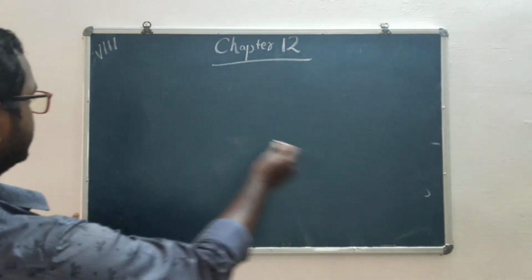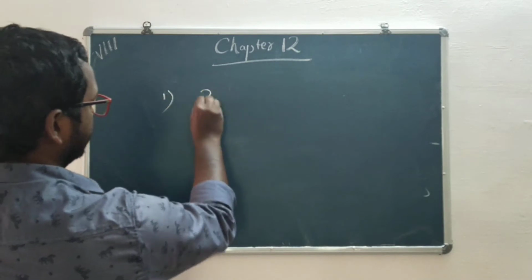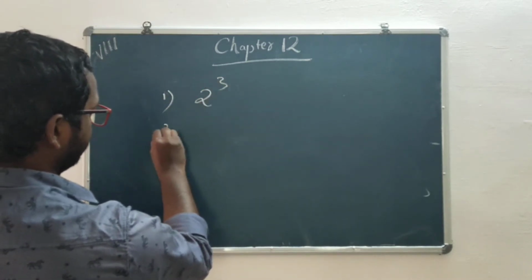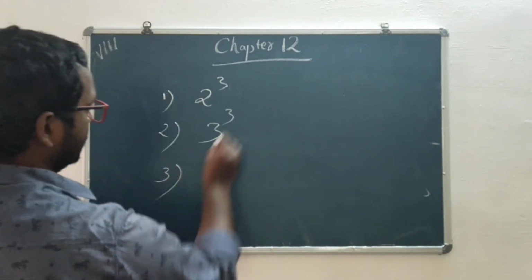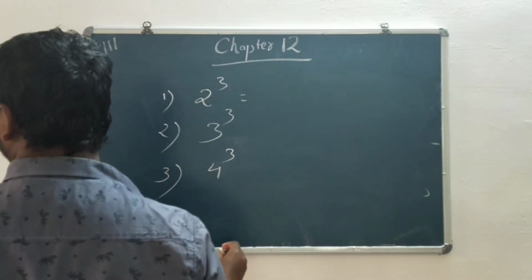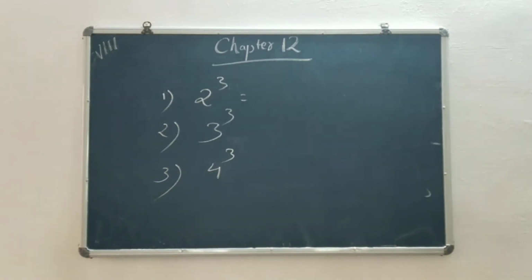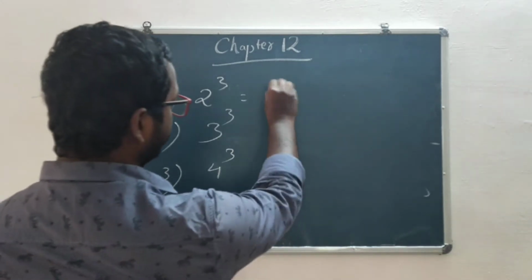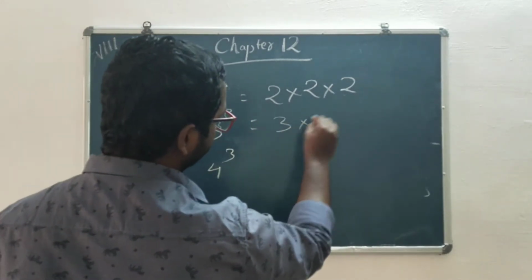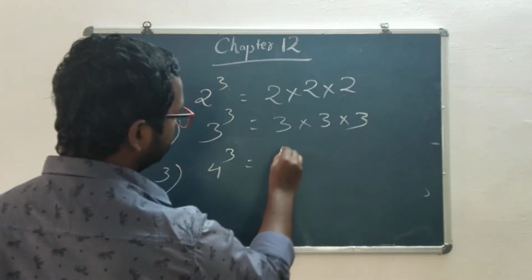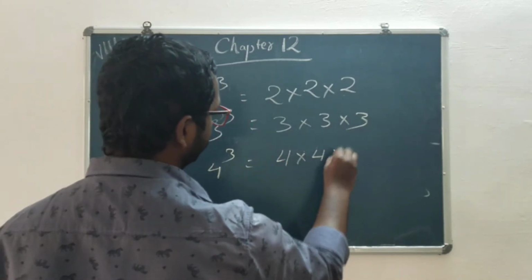So let us do some simple questions like 2 power 3, 3 power 3, 4 power 3. What is 2 power 3? 2 power 3 is 2 into 2 into 2. 3 power 3 is 3 into 3 into 3. 4 power 3 is 4 into 4 into 4.